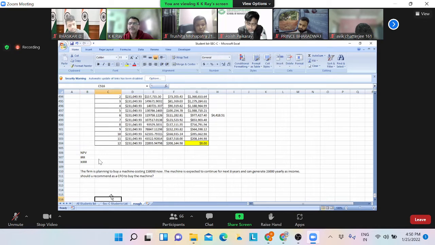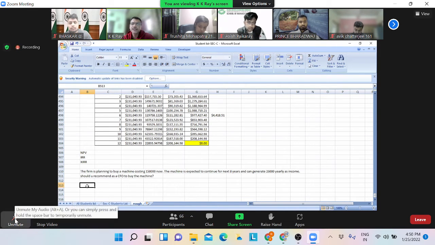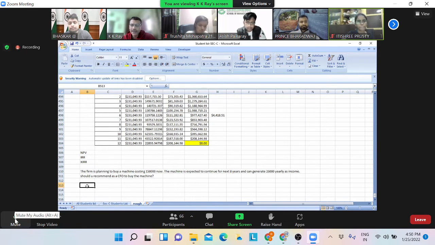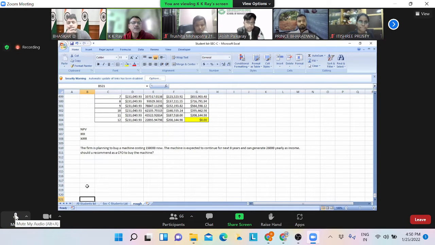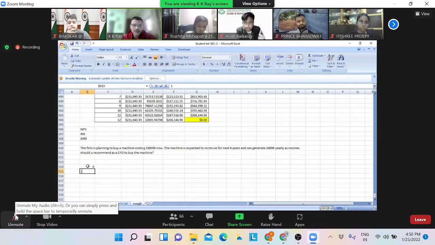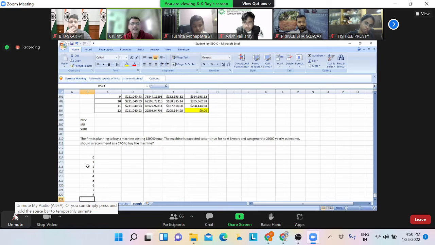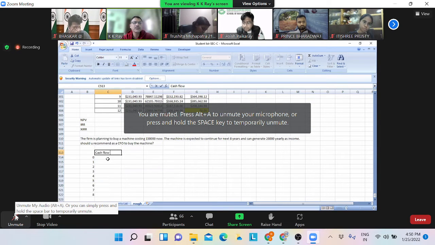This is the thing. So, what is the cost of the machine? Cost of the machine, 1,50,000. And the period is here. How many years is that expected to run? 8 years. So this is 0, 1, 2, 3, 4, 5, 6, 7, 8. These are my number of years. What I'll do here is cash flow. What are my cash flows?